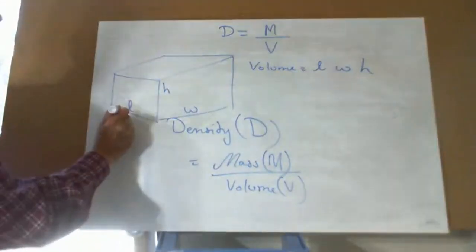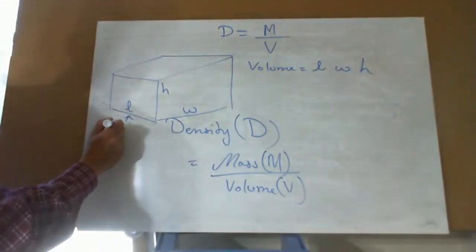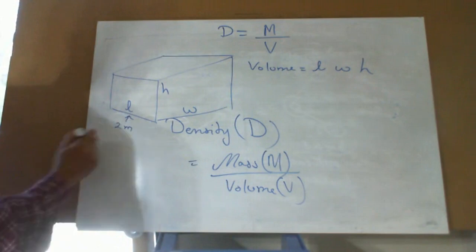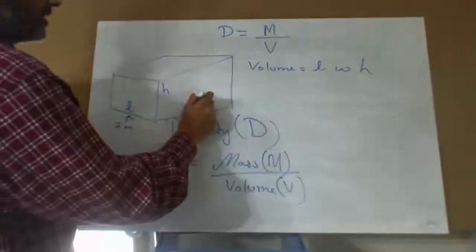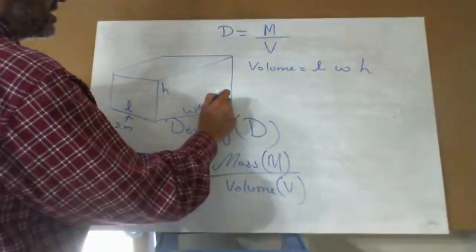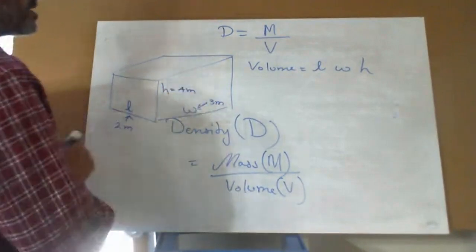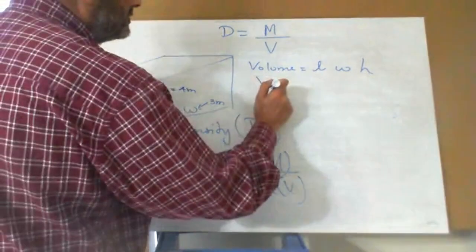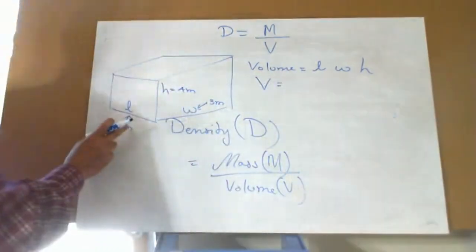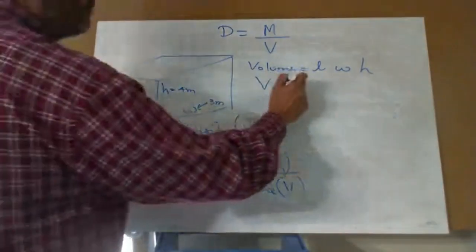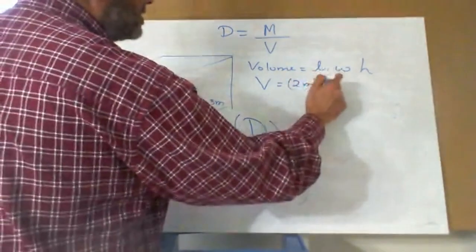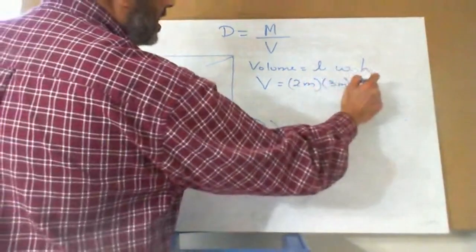If the length is, let's say, 2 meters, the width is 3 meters, and the height is 4 meters, what is the volume? 2 times 3 times 4.